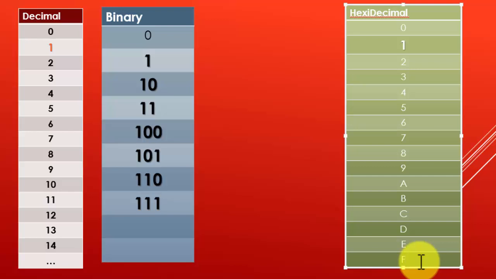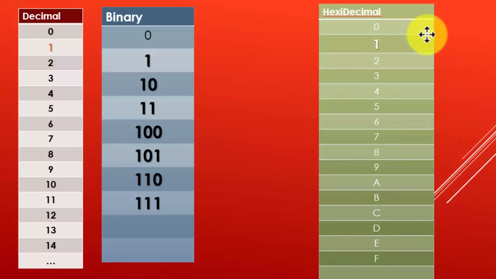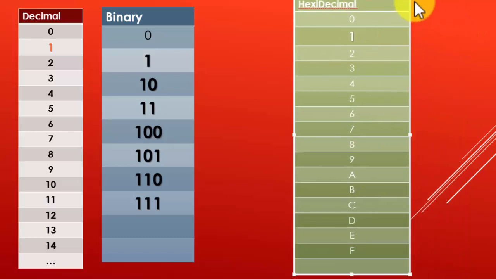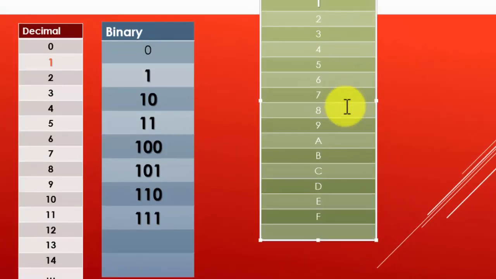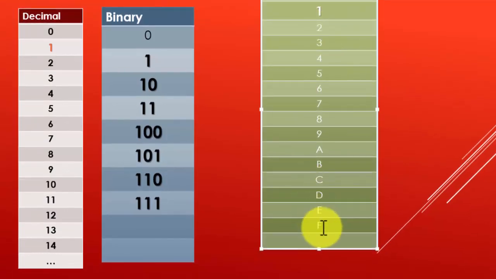In hexadecimal, what will be the next step? You can say what the next step will be. Let me give it some space. We have to put 0 here, it starts again, so 0, and before the 0 we have to put the 1.